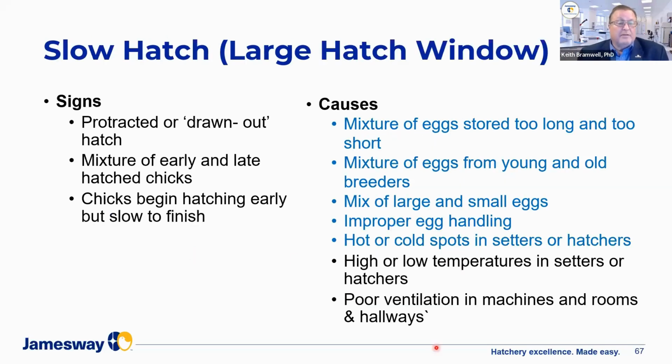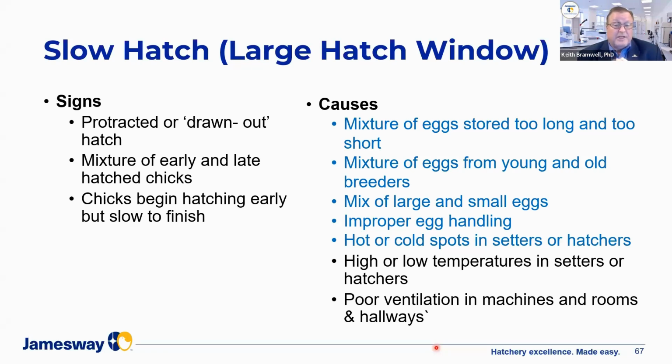A slow hatch or a large hatch window means you've got a lot of early ones and a lot of late ones. You could have a mixture of eggs, some stored excessively long, some not stored long at all. Old and young breeders could be mixed. Mix of large and small eggs from these breeders, proper handling. Hot and cold spots in our setters or hatchers.